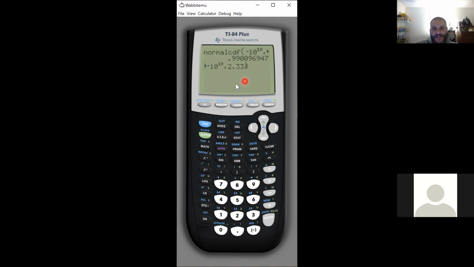So if by any chance you forget to hit mu and sigma, that's okay, because the default position for the normal distribution function in the calculator is that mu is 0, sigma is 1. So if I enter the lower bound, the upper bound, you should get exactly the same answer of 0.9901. Cool. All right. Everybody go for that first example.